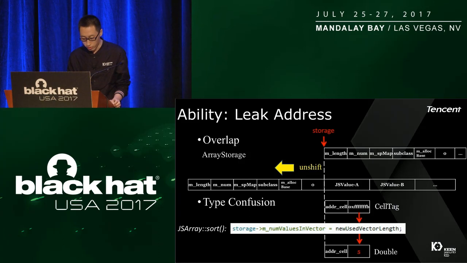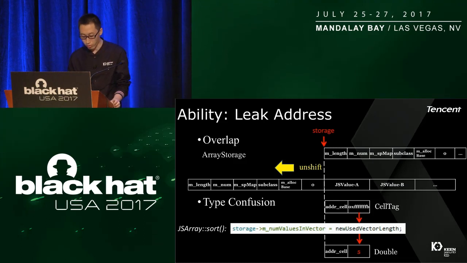In this situation, m_sparseValueMap length overlaps with the payload of JSValue A, and m_numValuesInVector overlaps with the tag of JSValue A. Since the tag determines the type of the element, when the variable newLength, which uses the vector length, overwrites the tag, a type confusion bug will be triggered, and the type transforms from cell to double.